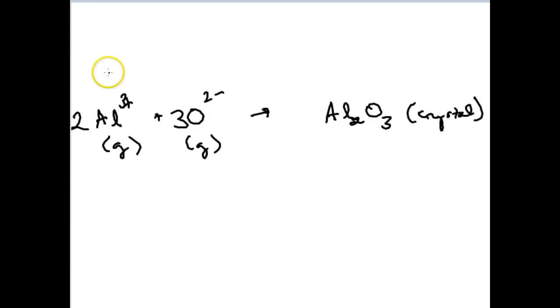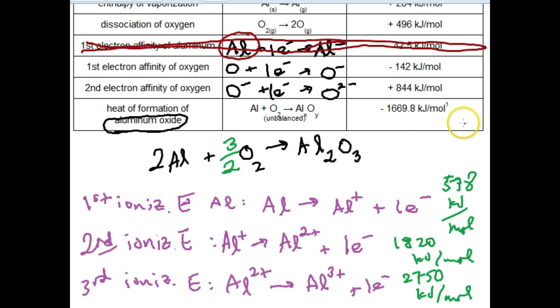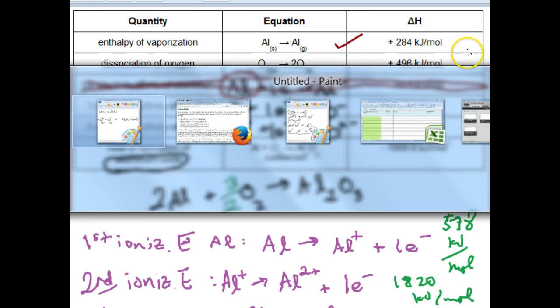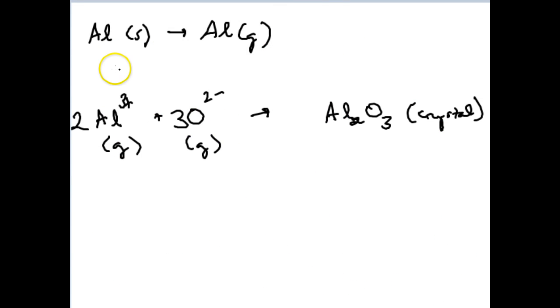So we have the energy that it takes to bring aluminum from solid into gas. We have that, it's right there. And we have the energy that it takes to get aluminum, which is a gas, into aluminum plus and 1 electron.